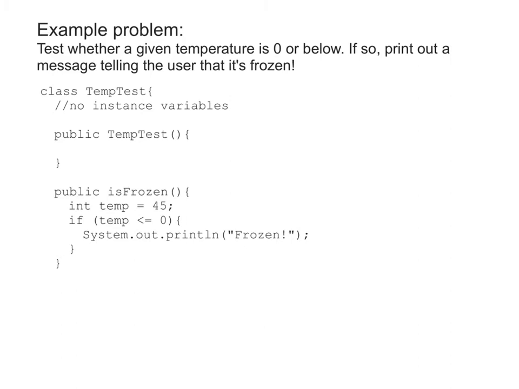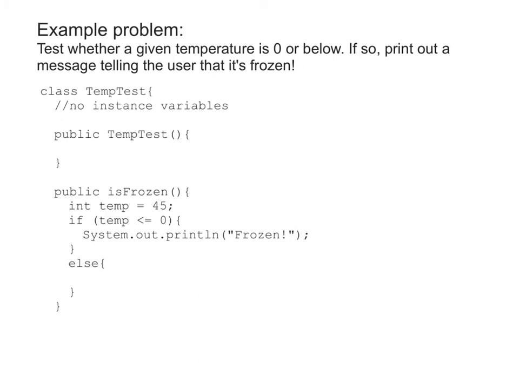So perhaps we print out not frozen. To do that, we add an else clause to our if statement. It's pretty easy. You write else, and that means that if our Boolean expression has not evaluated to be true, this code fragment is going to run.